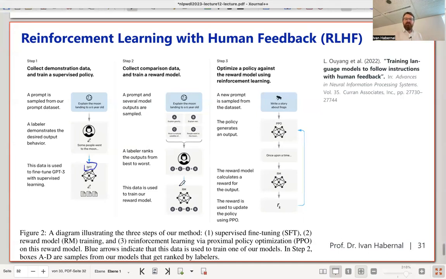And then you use this to train the reward model. I guess the reward model is something external to GPT, so it's not part of GPT. It's just another model. If you see a prompt and four different outputs, you need to learn how to rank them. So it's a ranking model, which means it learns the preferences from humans and tries to mimic them.